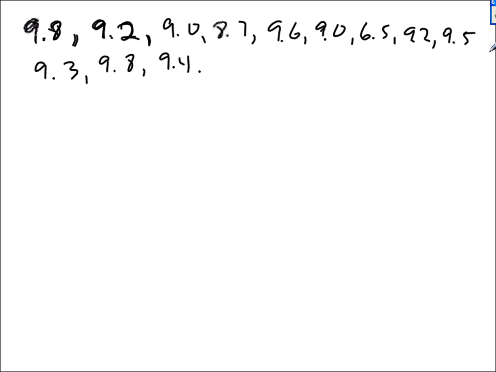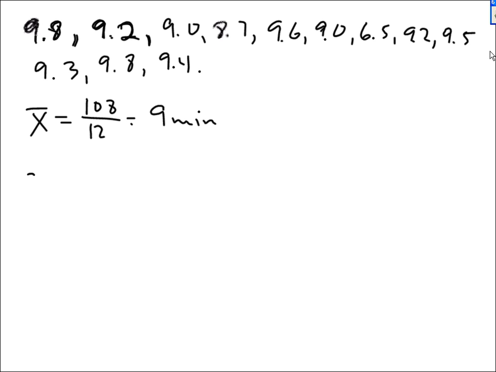Is it unusual to wait 10 minutes? Well, if you add up these numbers, which I've already done, minus some silly error, I claim they add up to 108, and there's 12 numbers. So the average wait time is 9 minutes.